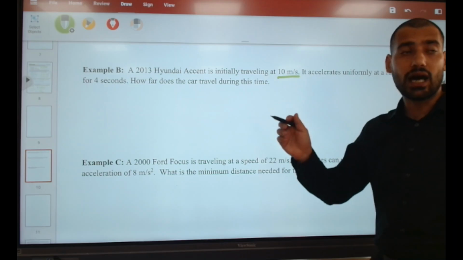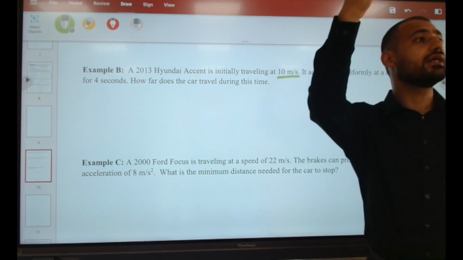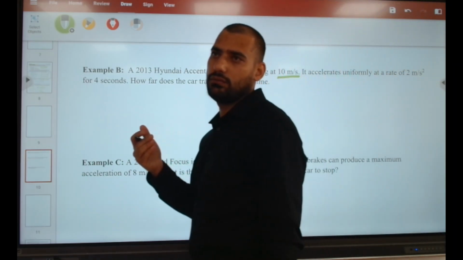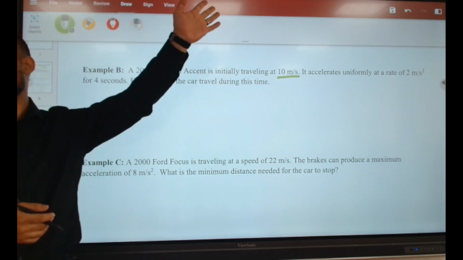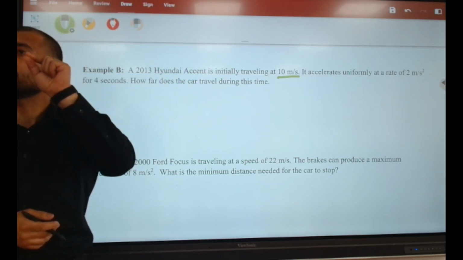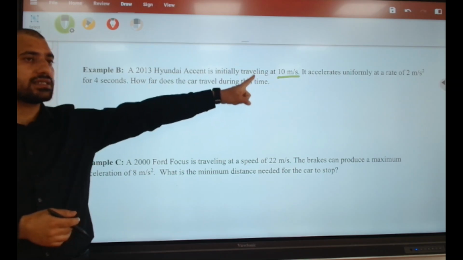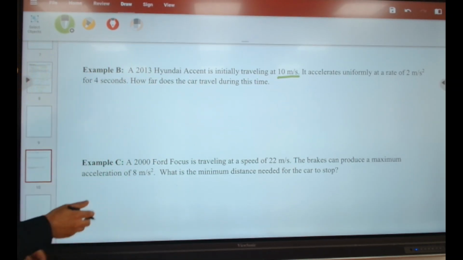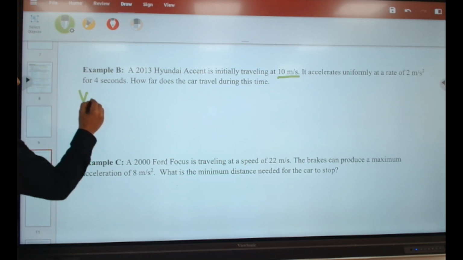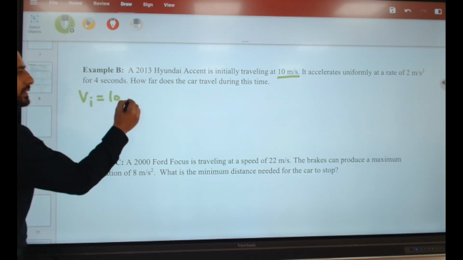Whatever is given, understand how it relates to what you know. When he says 10 meters per second, what should click to you? V initial is 10, isn't it? And write these down. Whatever is given in the system, you should always make it a habit. So what is the initial velocity? Very good, it is 10 meters per second.